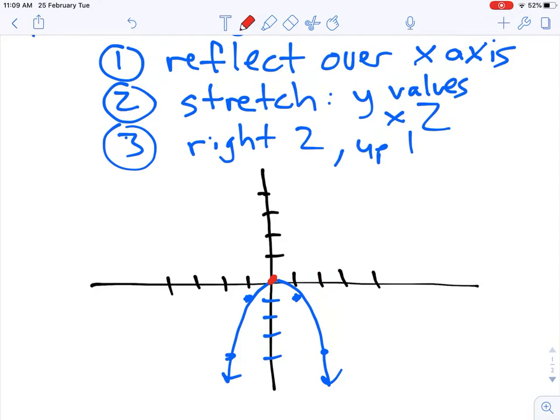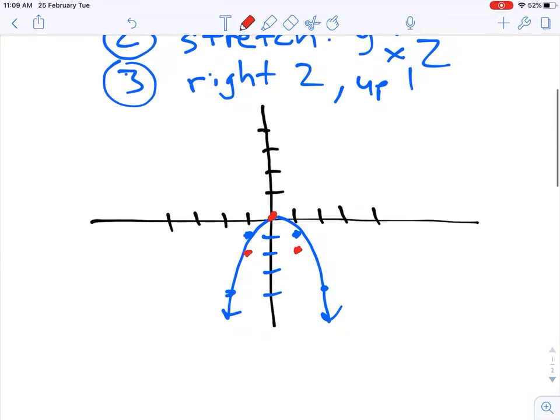The next 2 points both have a y coordinate of -1, so now these are going to go to y equals -2. And the last 2 points that are down at -4, those are going to go down 5, 6, 7, 8. Those are going to go down to -8.